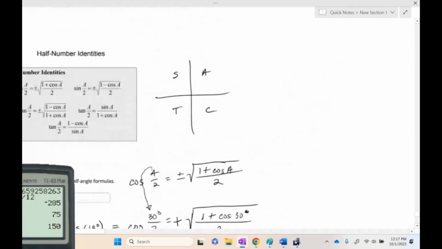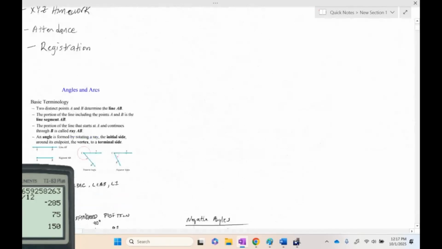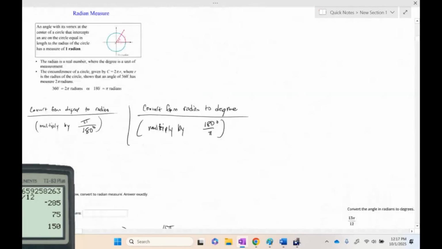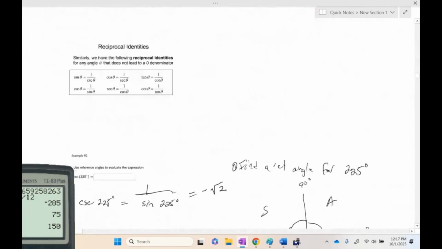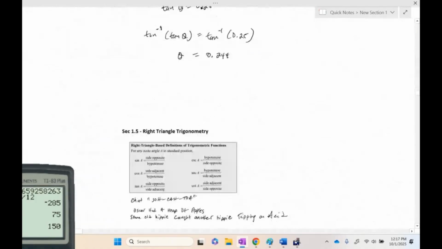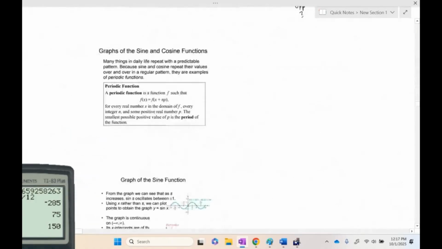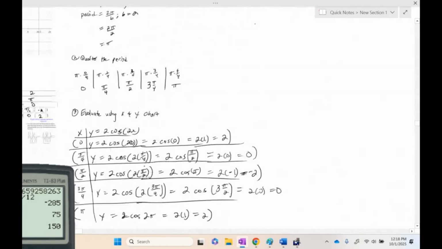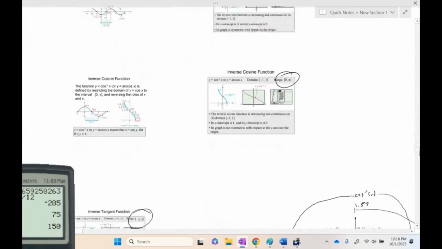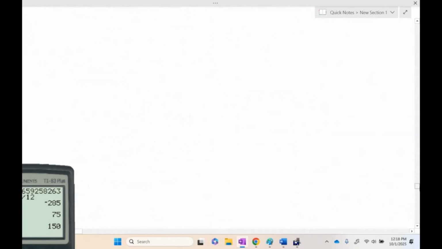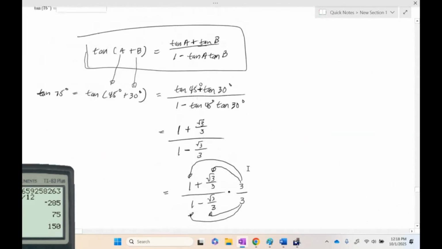So if I go back to the formulas, where is it? That's too far back. This thing went back all the way to the beginning of the class.